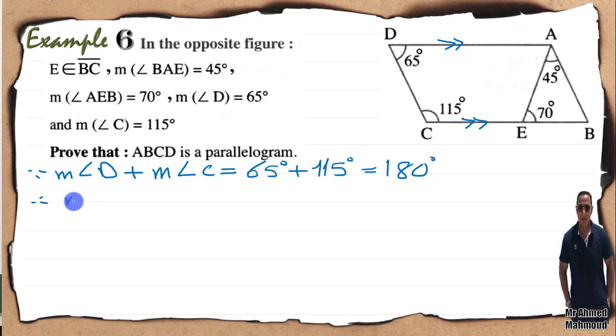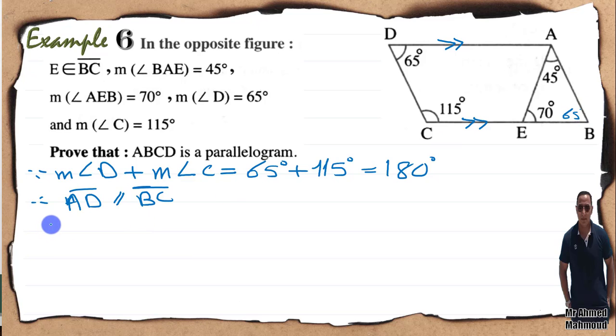Therefore, AD is parallel to BC, and this is the first part of the question. The second part: here in this triangle, the sum of the angles of the triangle equals 180. So 180 minus 45 plus 70 equals 65.